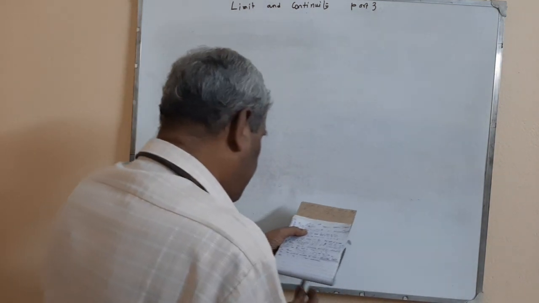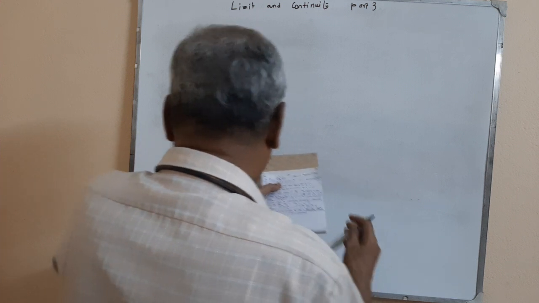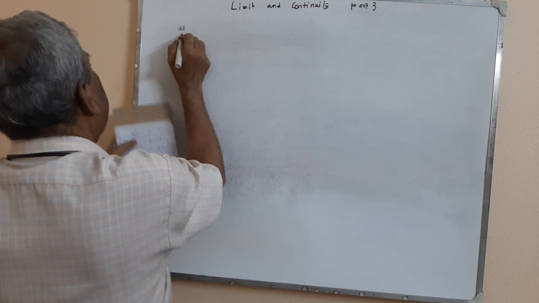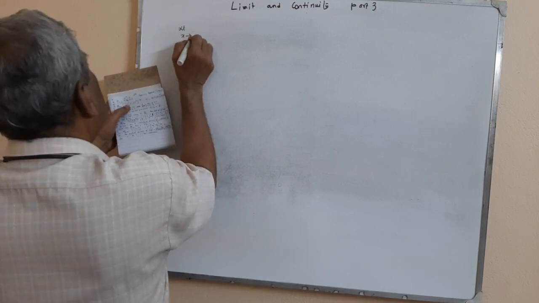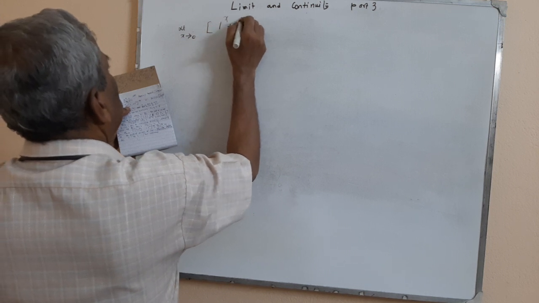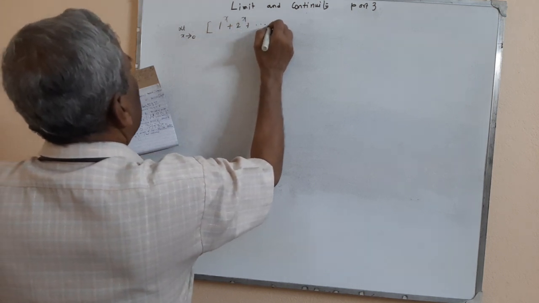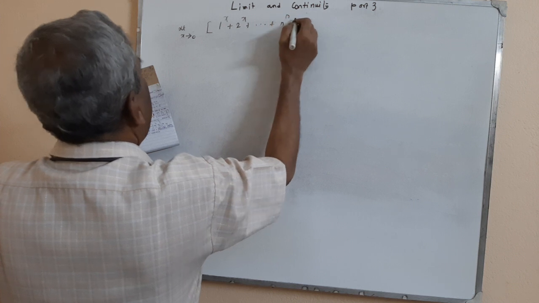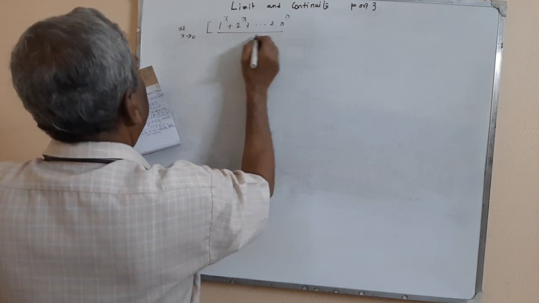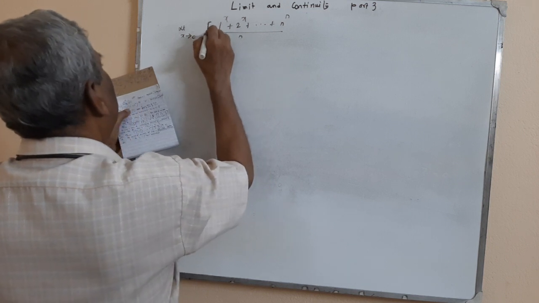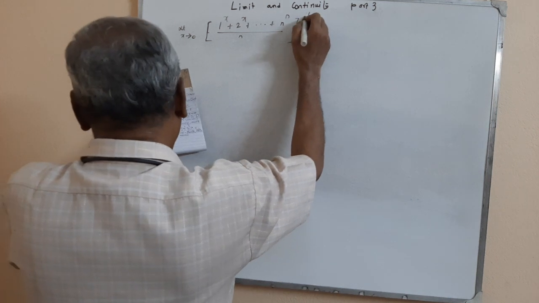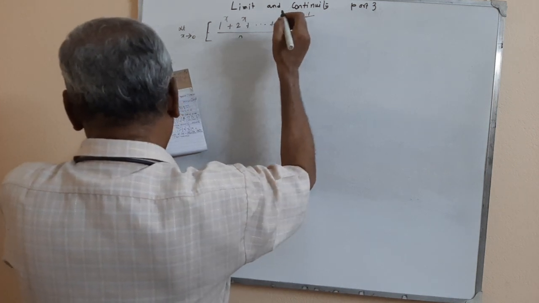Next, take the problem. Find the limit of x tending to 0, 1 to the power x plus 2 to the power x up to n to the power x, by n, whole to the power 1 by x.